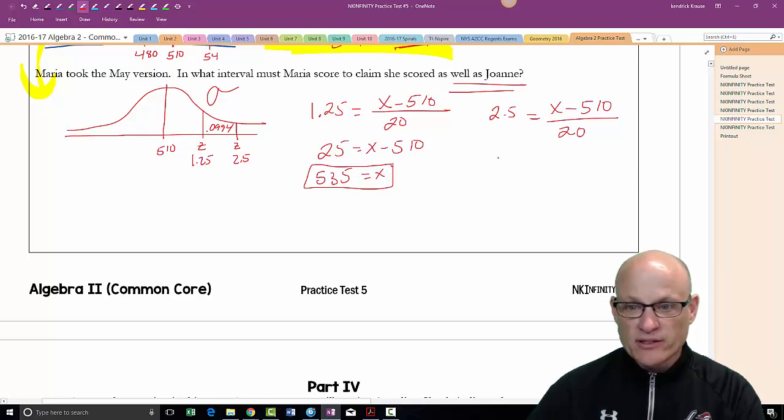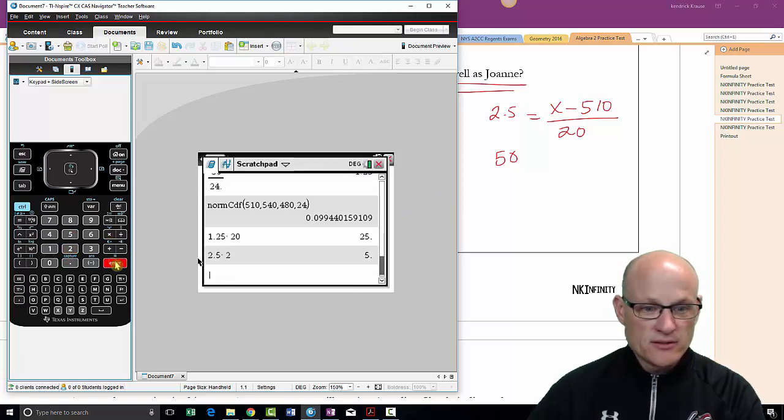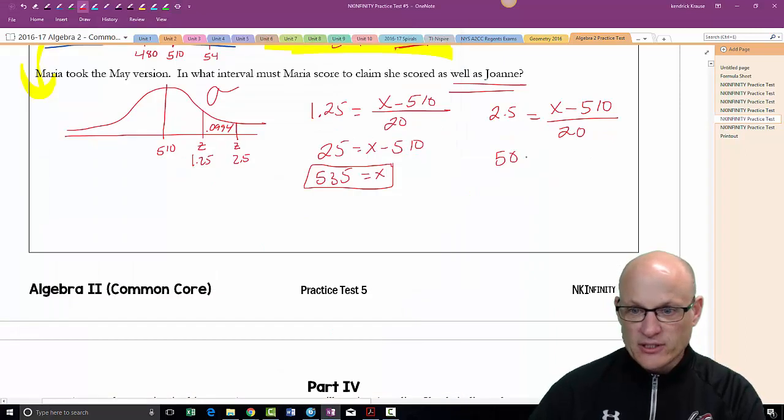And that gives me what? 50, right? 2.5 times 20. Multiply by 20, you actually get 50, is equal to x minus 510. Add 510 and you get 560.